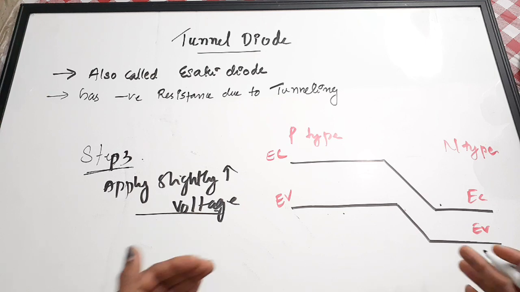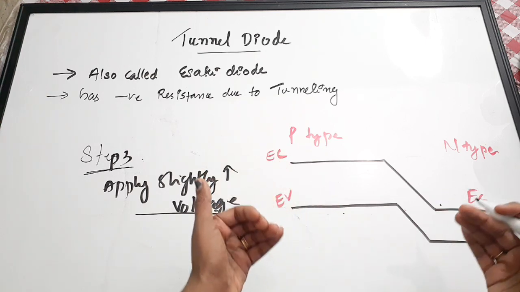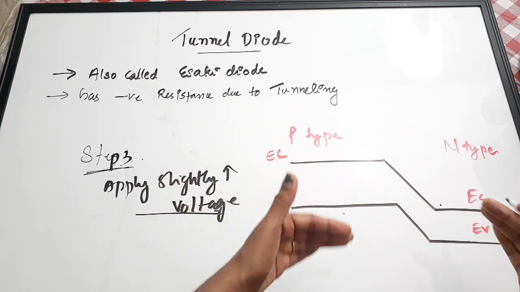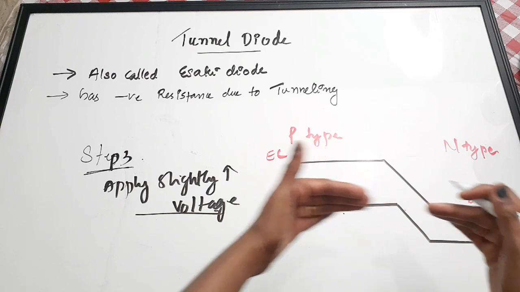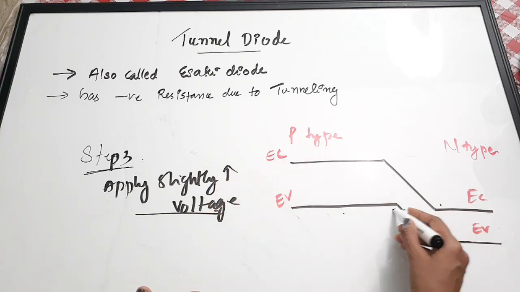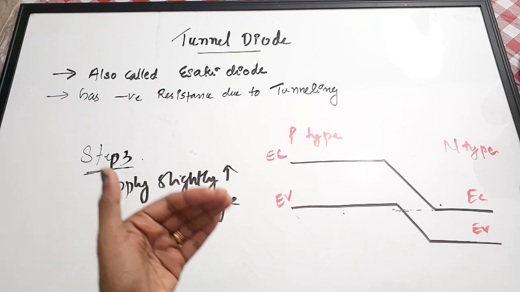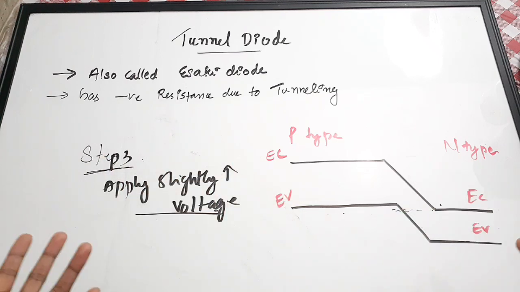We know that due to the structure of this tunnel diode, only a small voltage is required to make the conduction band and valence band aligned. See, almost they are closely aligned. So if we apply the increased voltage, they will be almost aligned, and the maximum current will get generated due to the tunneling process.